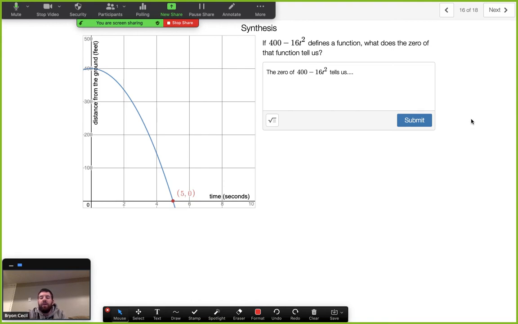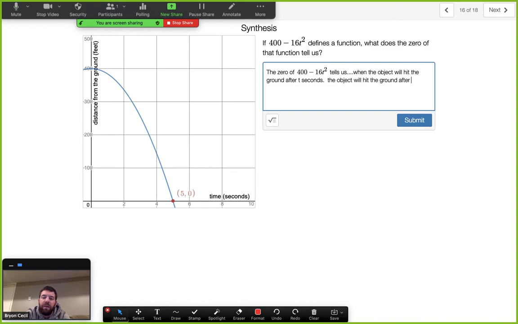If 400 minus 16t squared defines a function, what does the 0 of the function tell us? Well, basically, guys, here it tells us when the object will hit the ground after t seconds. So in this case, the object will hit the ground after 5 seconds.